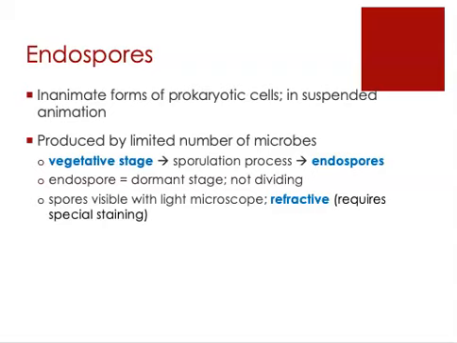Essentially, this process involves the living, metabolizing form of the cell, what we would call the vegetative stage of the cell, going through a process called sporulation and creating these inanimate structures called endospores.